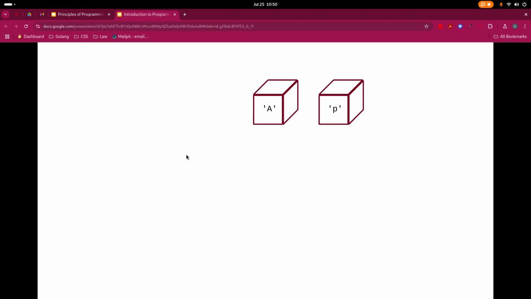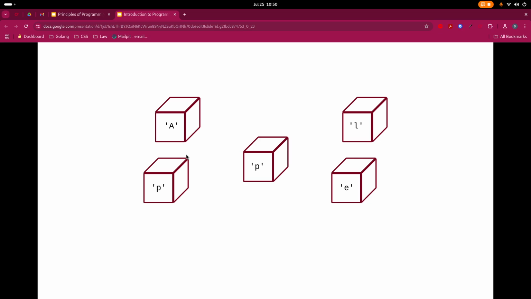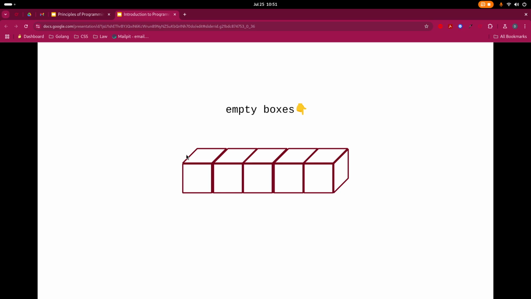In this case, I have two boxes, with one value inside a box. Of course, we could extend this to 5 boxes, whereby each box has a particular character, and altogether these boxes give me apple. Now, we could also have empty boxes, so boxes that do not currently have anything in them.